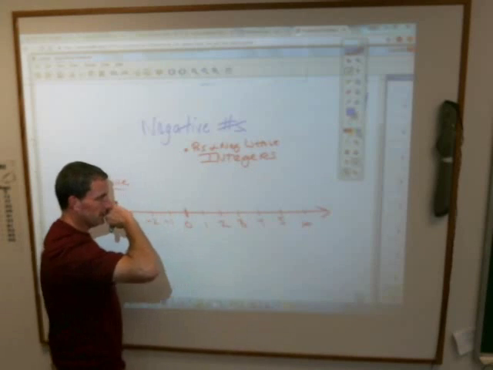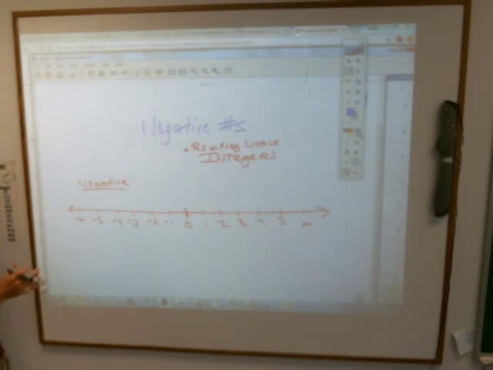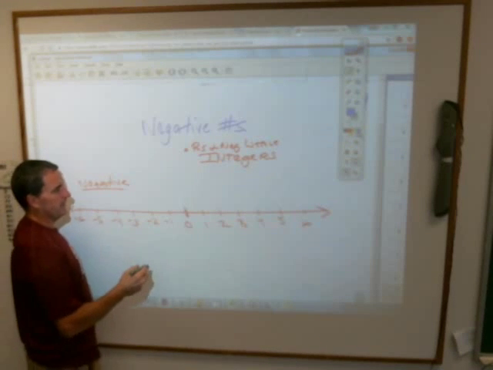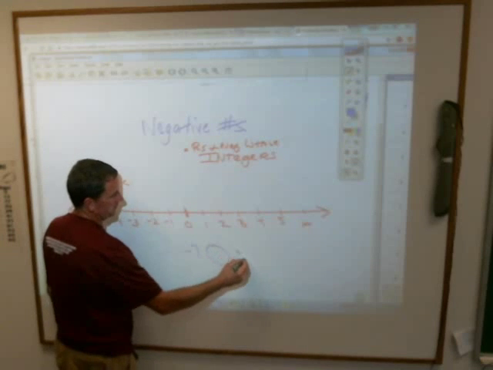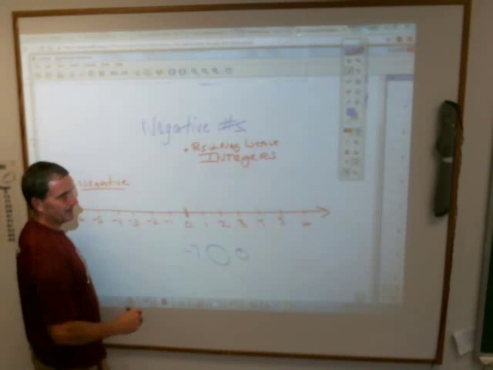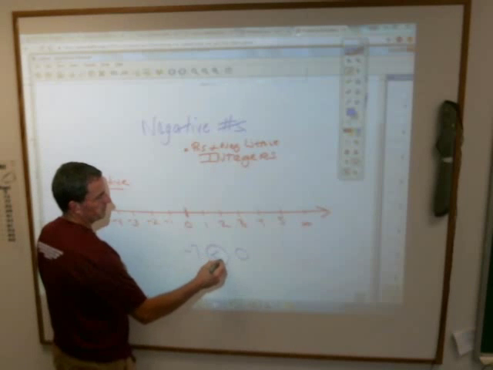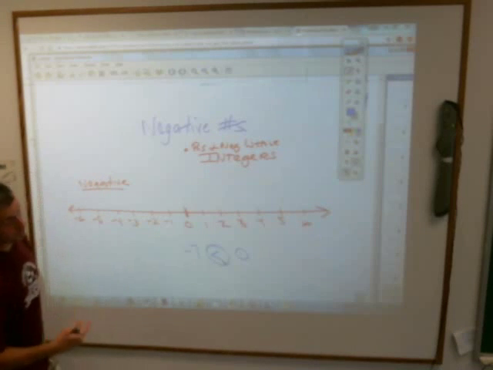And you have to think a little bit deeper about negative numbers when you talk about comparing them, because if I asked you what was bigger, negative 7 compared to 0, 0 is bigger than negative 7 for a couple reasons.